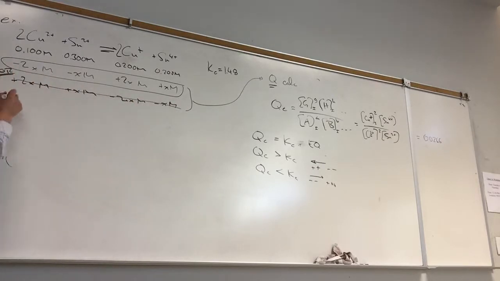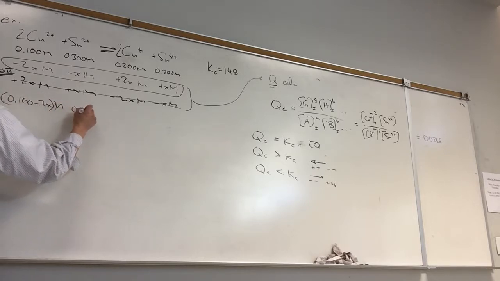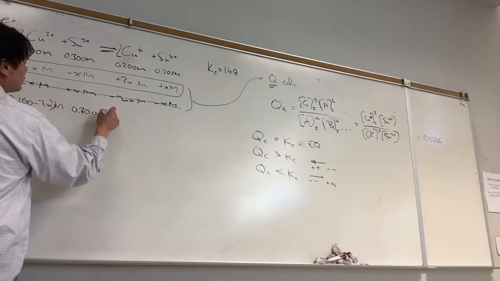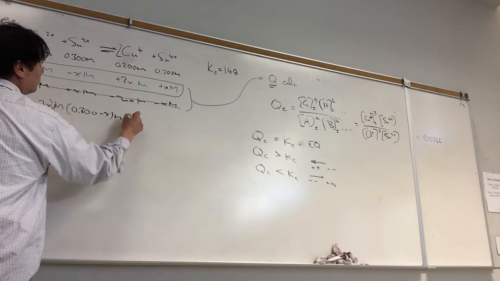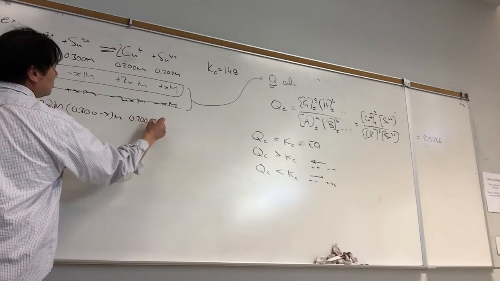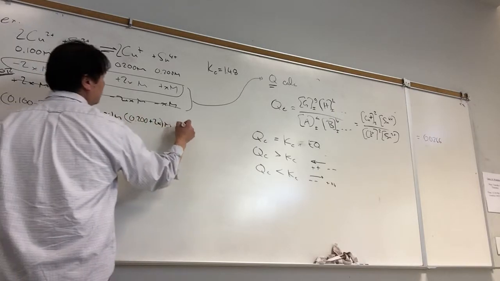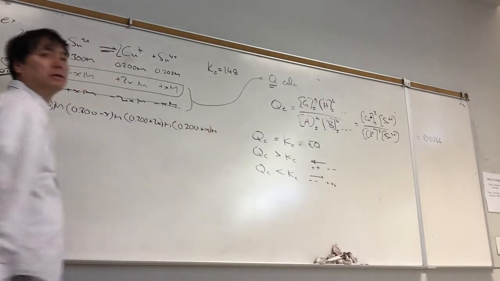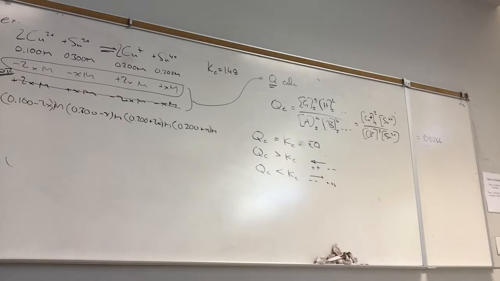And so now at equilibrium, I'm going to expect 0.100 minus 2x molar, 0.300 minus x molar, 0.200 plus 2x molar, 0.200 plus x. Does that look right?